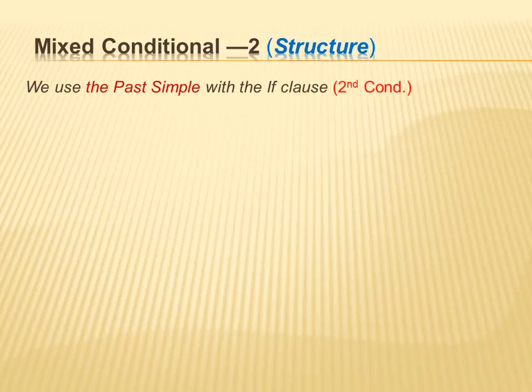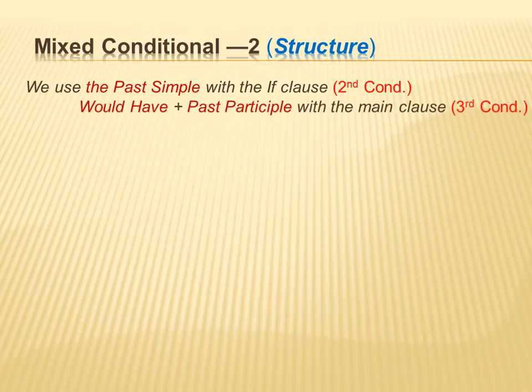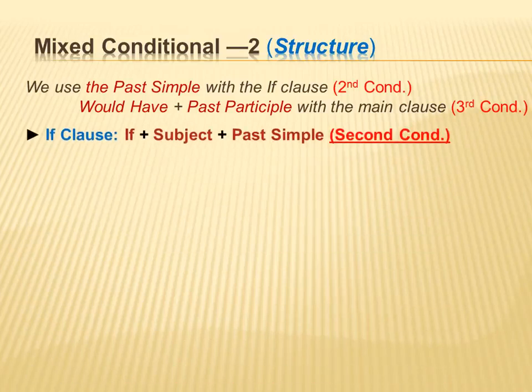Now we are going to study mixed conditional two. We use past simple in the if clause, as in the second conditional, and we have to use would have plus past participle in the main clause, as in the third conditional.